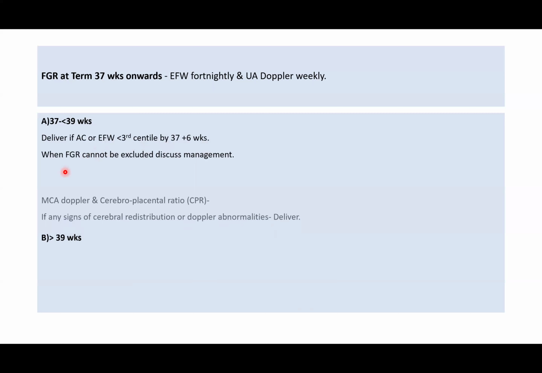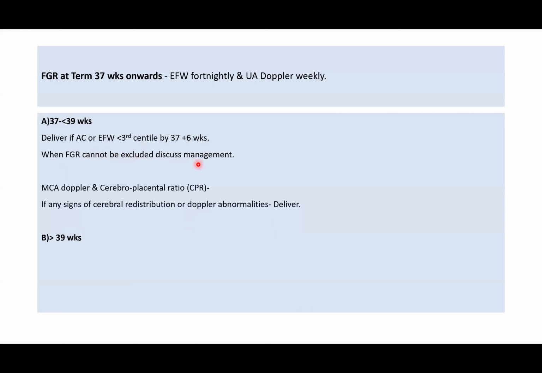And if FGR cannot be excluded, then we have to discuss the management. Now, what about the MCA Doppler and cerebroplacental ratio? If they show any signs of cerebral redistribution or Doppler abnormalities, then we have to deliver. So between 37 to less than 39 weeks, if AC or estimated fetal weight is less than third centile, then we have to deliver the baby by 37 plus 6.